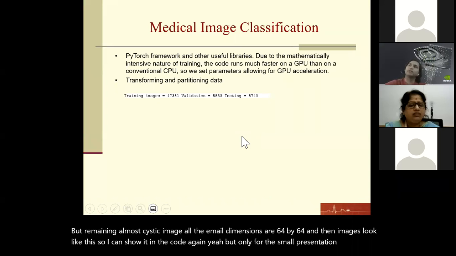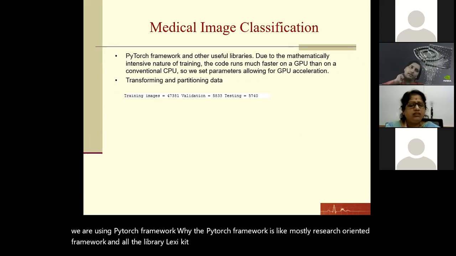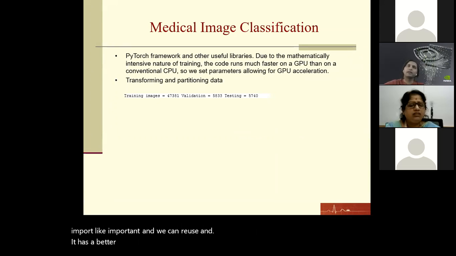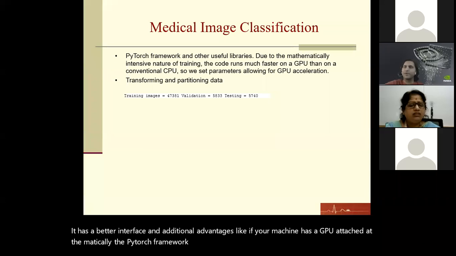So here we are using the PyTorch framework. Why PyTorch? It's mostly a research-oriented framework, and libraries like scikit-learn, NumPy, and other related libraries can be imported and reused, and it has a better interface. An additional advantage is that if your machine has a GPU attached, PyTorch automatically detects it and runs the algorithm on the GPU.